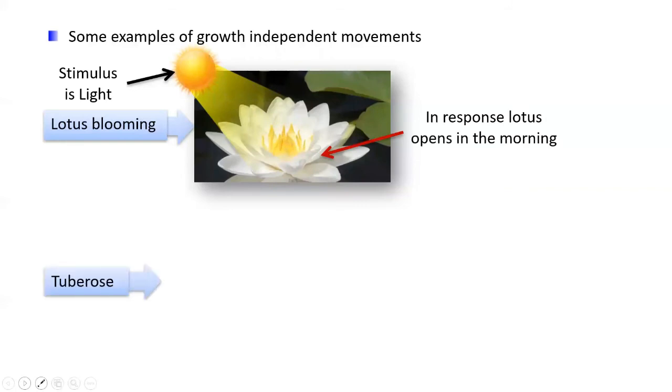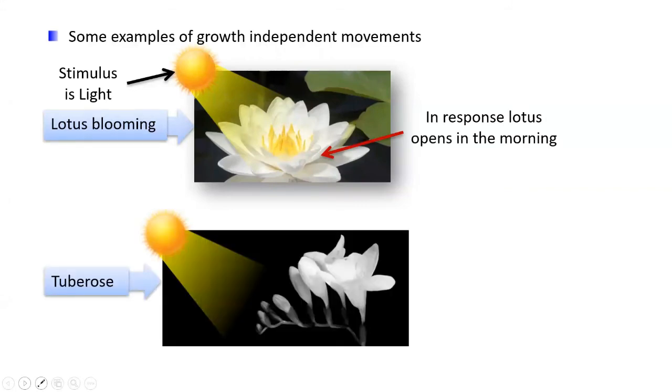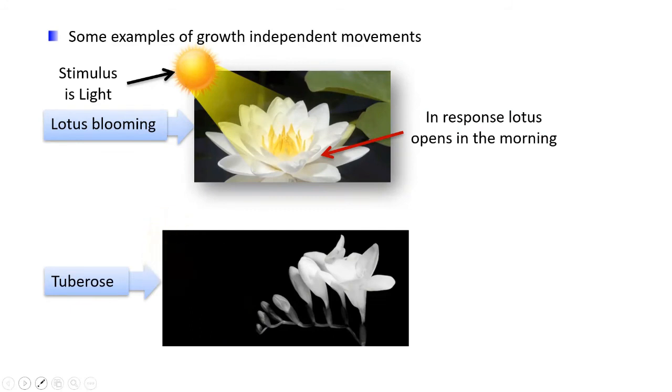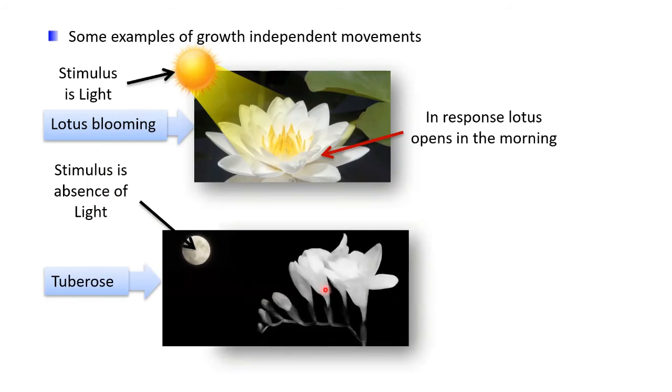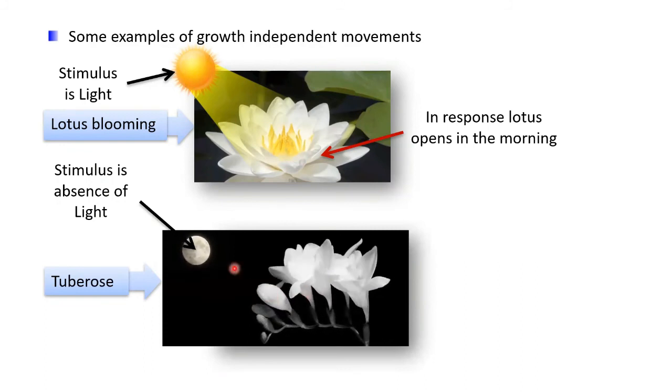Let's talk about tuberose. So we can say the stimulus is absence of light. If there is no light, these tuberose will bloom. So they have a complete opposite response to that stimulus, right?